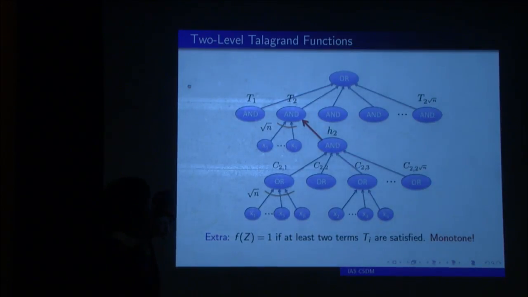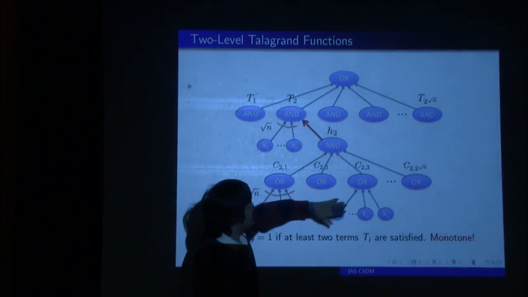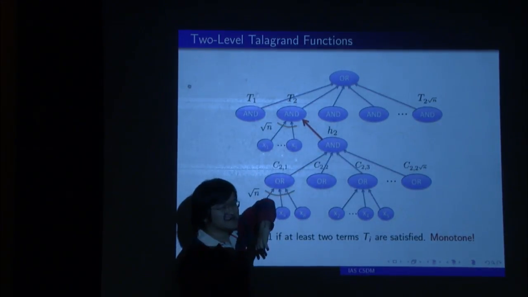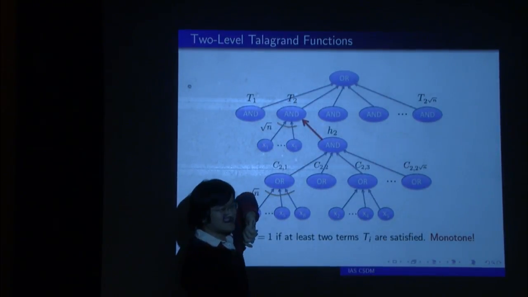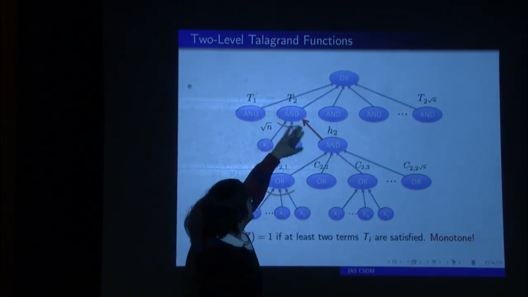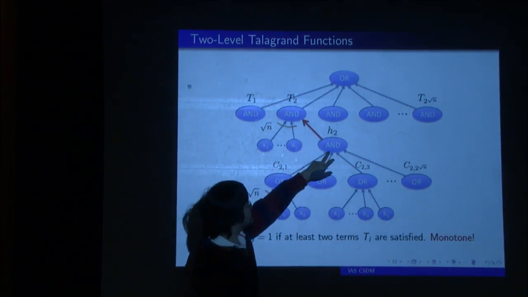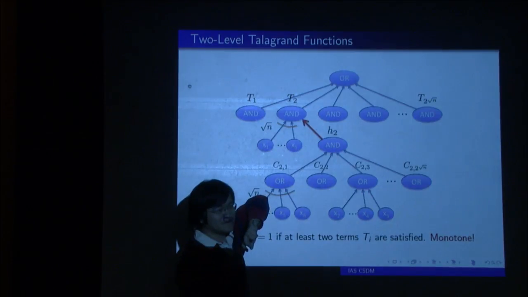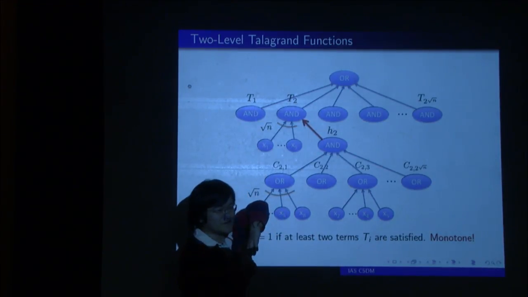Now, in addition, for each term, I'm creating an independent random Talagrand CNF. Only one input goes to this AND gate. So now to satisfy this term, you not only need to satisfy the original random term, but also the new Talagrand CNF should also give you 1. Only if that happens, you output 1 in the whole function.